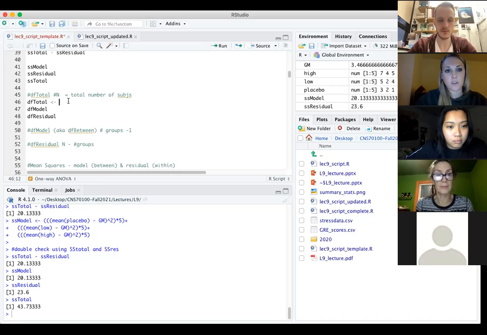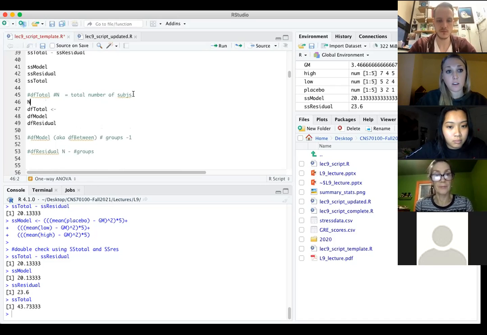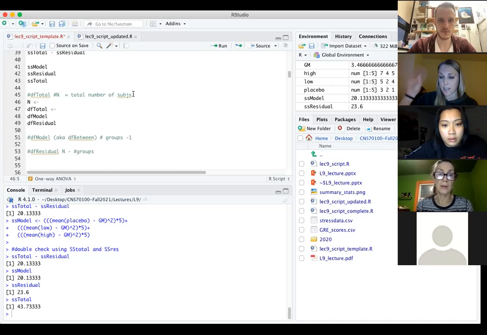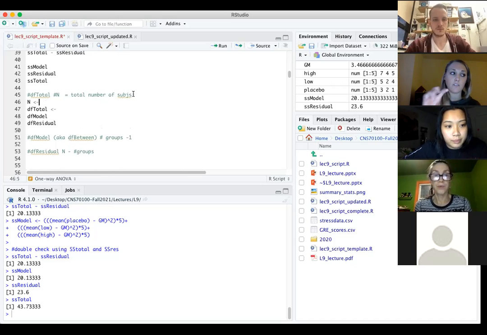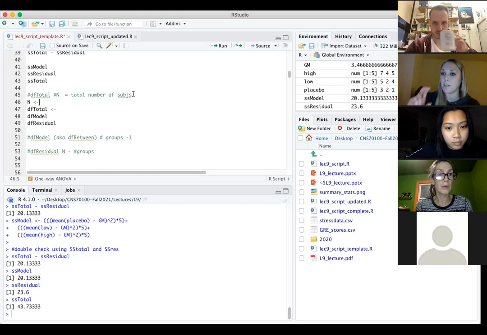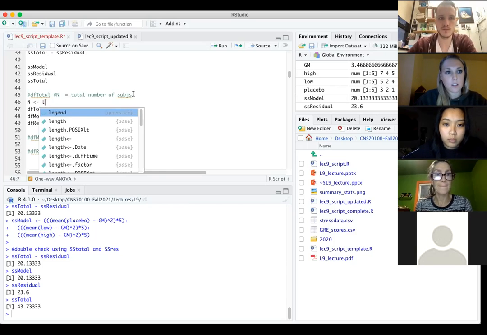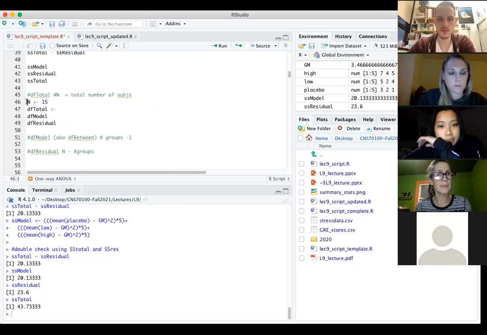So I'm going to create a variable here called N with a capital letter. Generally, if you see the capital N, that refers to all of the subjects in the data set, and the lowercase n refers to the individual group. So you might say n placebo, n low, n high, that would refer to how many data points are in each group. So uppercase N, I'm just going to call this 15 because we know.